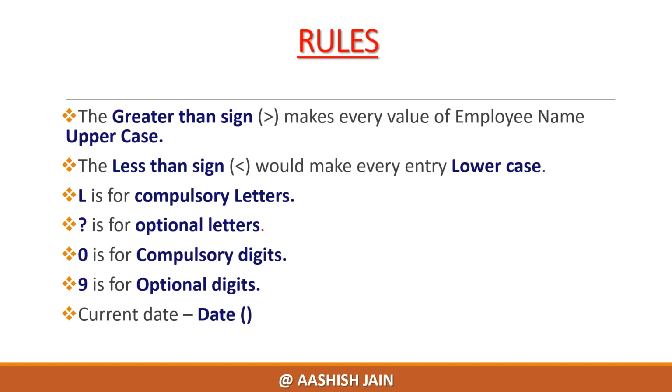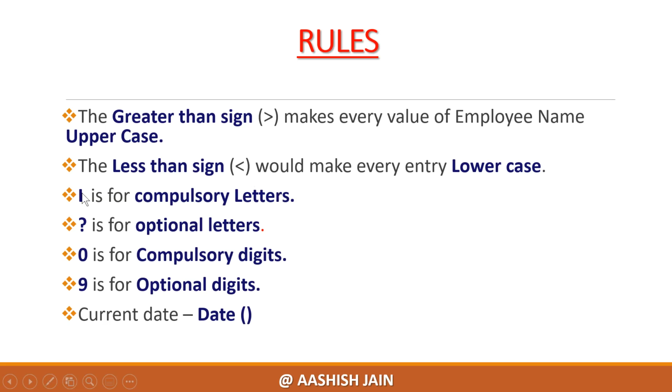Okay, now let's take the first example. First one is the greater than sign, which is usually used for making every value of employee name uppercase. Means if we want to put the names of all the employees in uppercase, we will use greater than. Okay, and for lowercase we will use the less than sign.